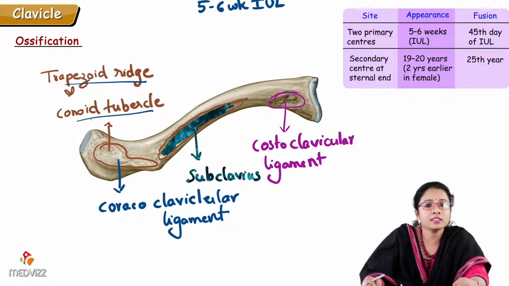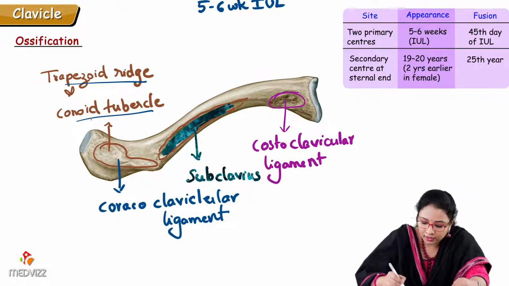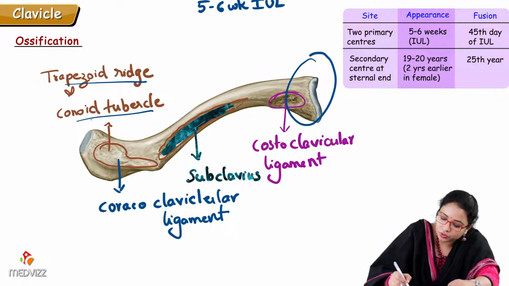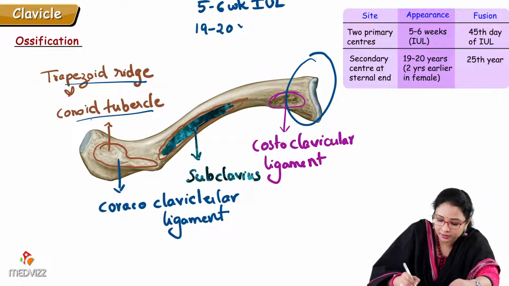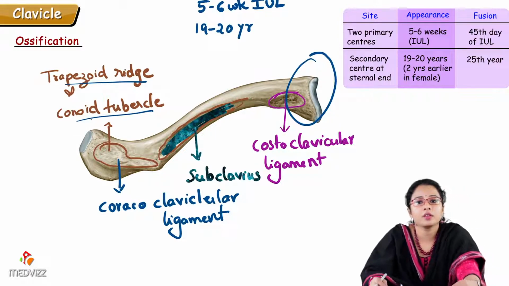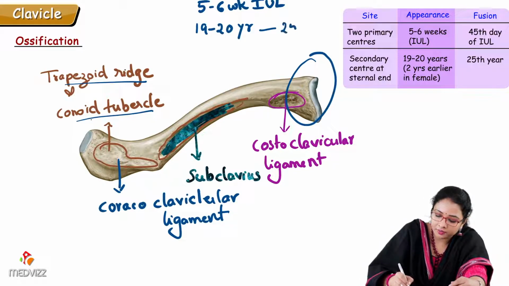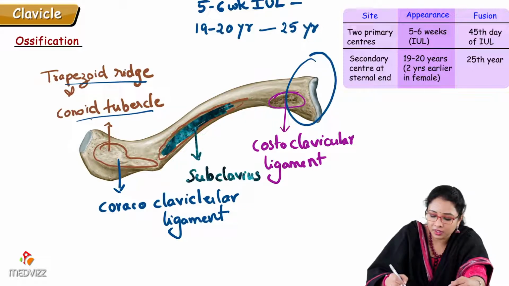The secondary center is for the sternal end, that is the medial end, and it appears usually during the 19th to 20th year after birth. It fuses with the shaft by 25th year. Primary centers fuse by 45th day.